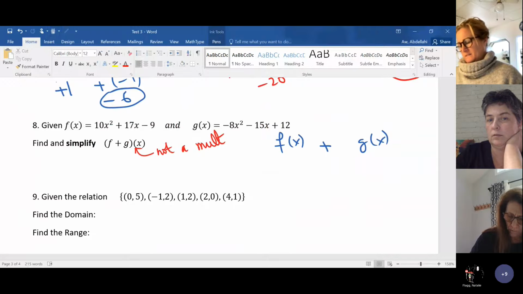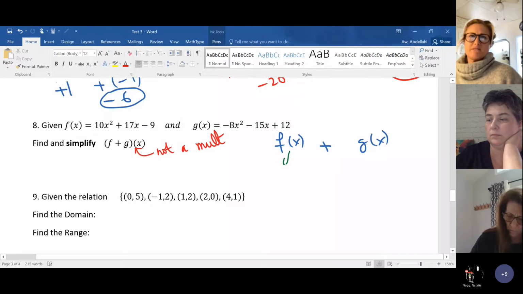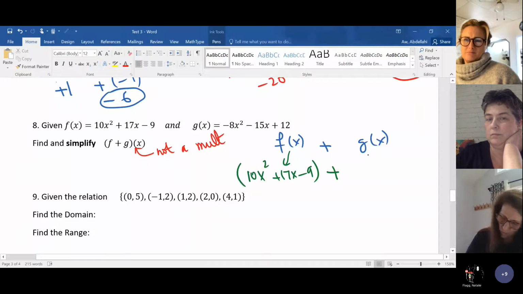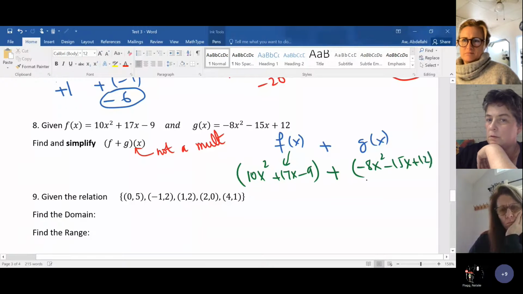Now, how much is f of x? 10x squared plus 17x minus 9, right? And then we add g of x, which is -8x squared minus 5x plus 12. And then we add them up.